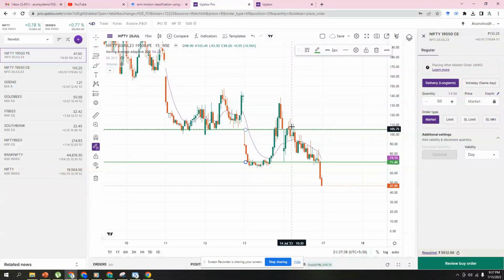If our entry is at 105, it went up to 115. So 10 points. So what you can do is that you can fix 10 points as the target, so you can achieve it. It will be safe trading, right? So if you are keeping it like this, you can have 10 points. It only went up 10 points, right?